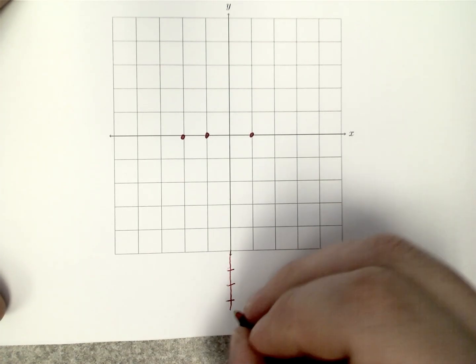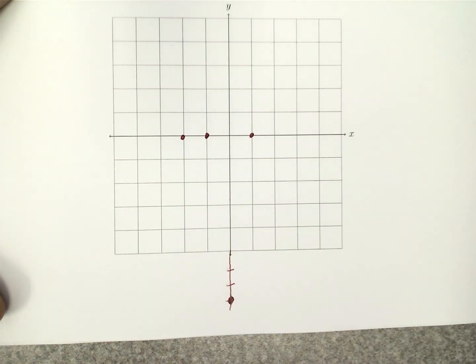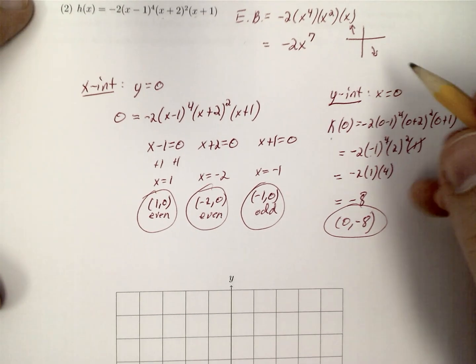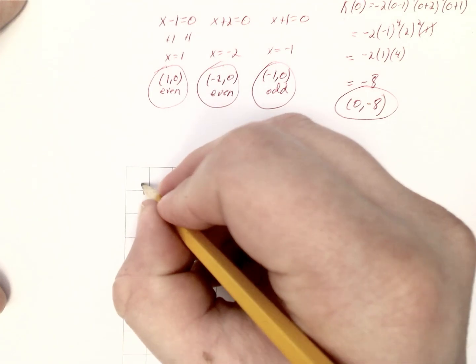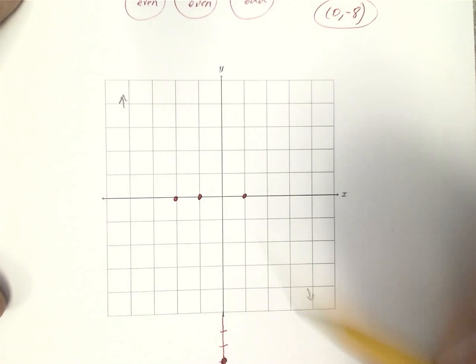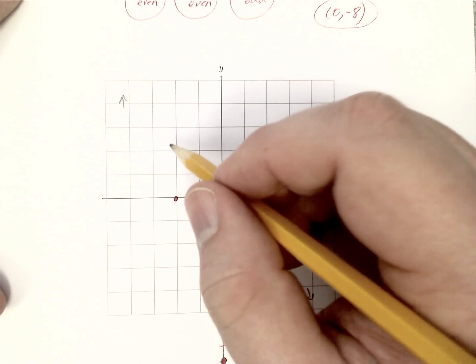We now have enough slots down there, so it should reach all the way down here. And with our end behavior, if we go back and look at it, we know it must start up in this corner and end down in this corner. So start somewhere here, end somewhere down here. Again, we don't have to start from these arrows, but that's just the general direction from where we start.